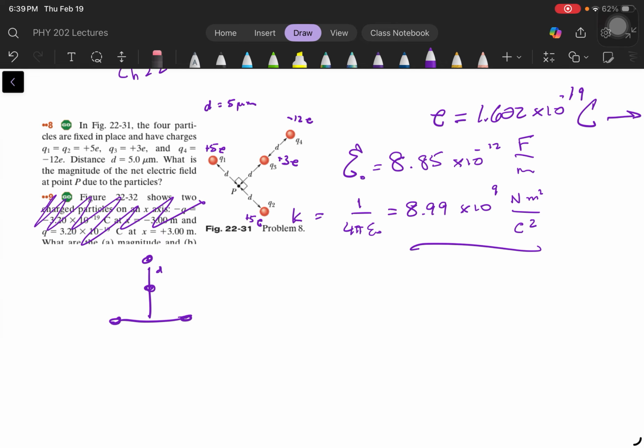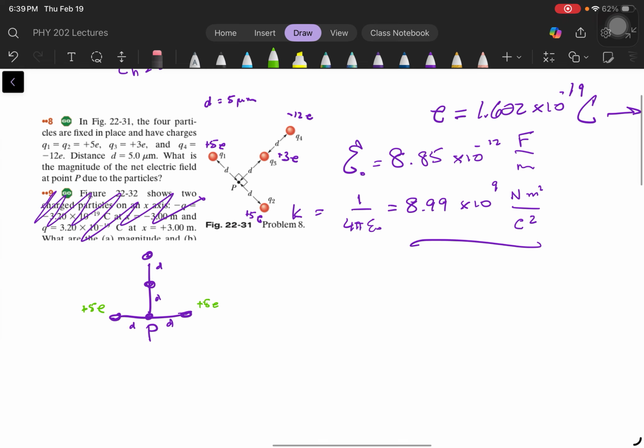D, D, D, D, some point P. Switch this up a bit. Plus 5e, plus 5e, plus 3e, negative 12e, X and Y. Which is the exact same thing as just changing the coordinate system. Like, we didn't do anything different. It doesn't retain rotational symmetry.